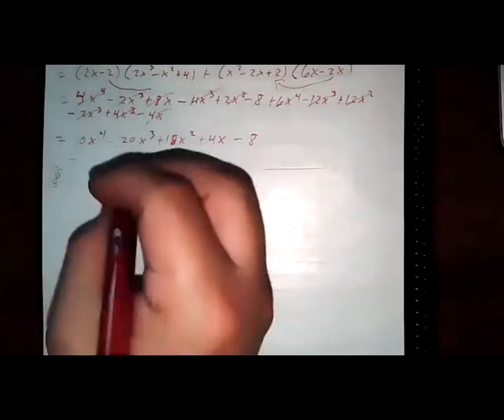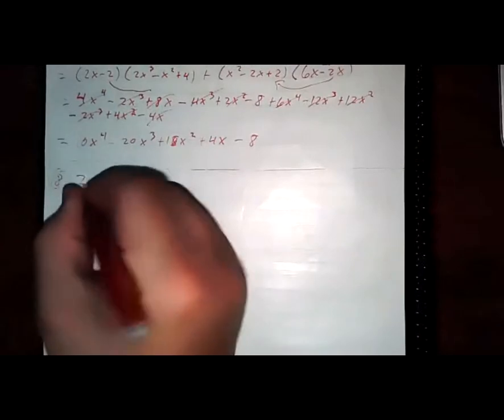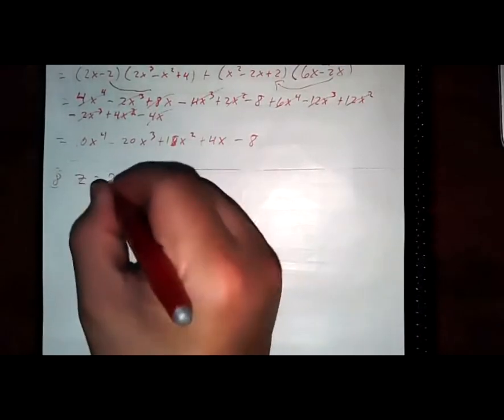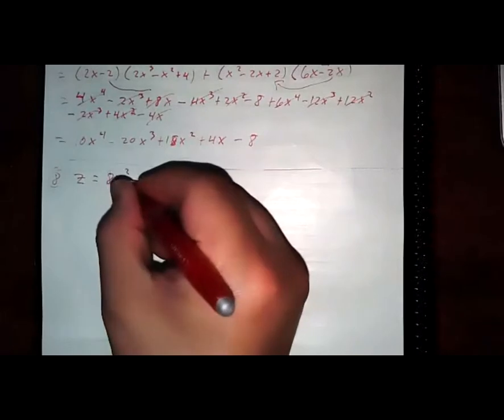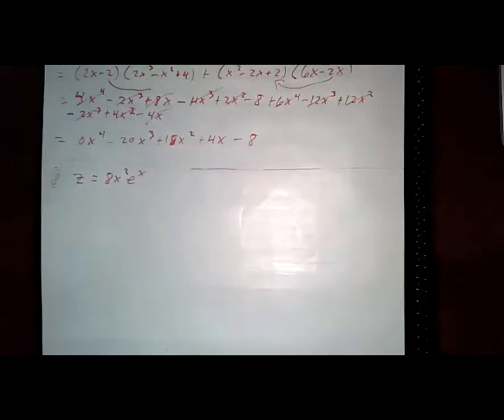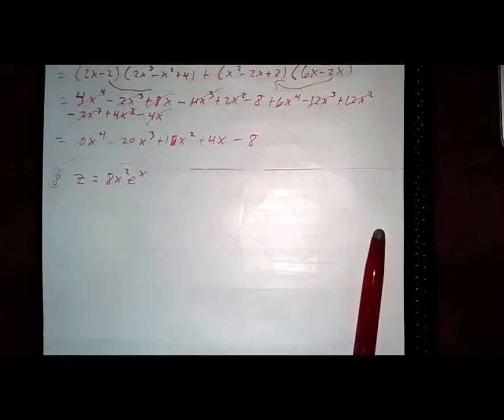Right, this one, z equals 8x squared times e to the x. Are we gonna use the product rule as well? Yeah, we're gonna use it because there's 8x squared times e to the x, so that's a product, right?